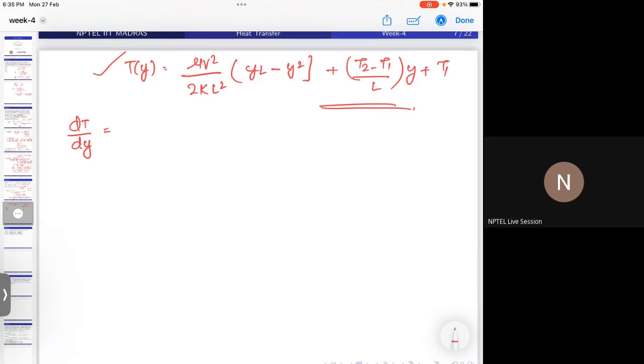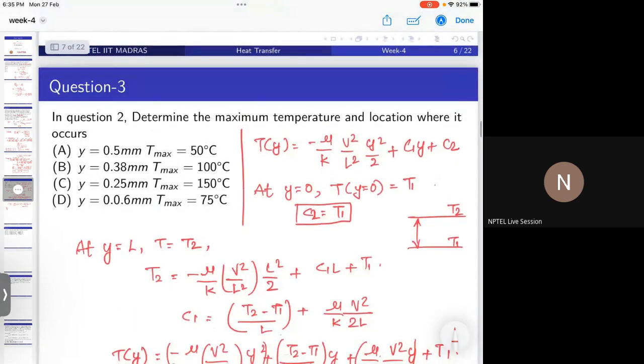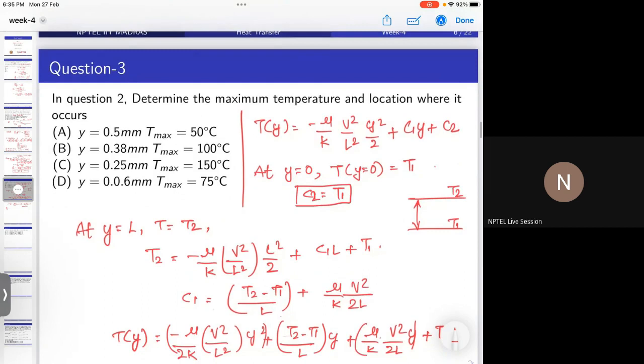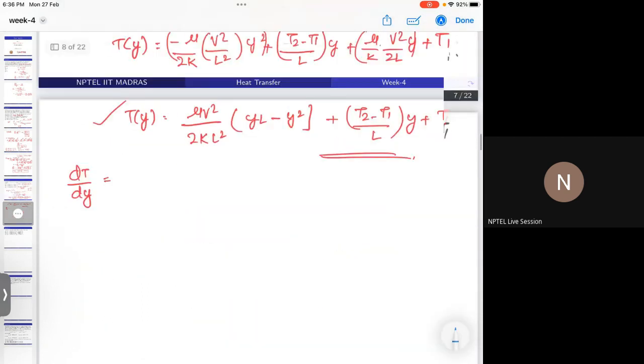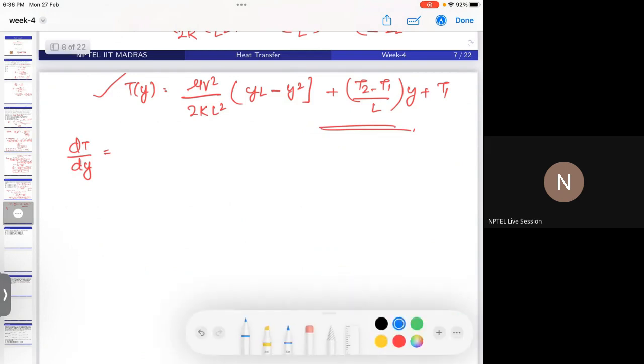You can take the properties of the oil, because you need mu and so on.